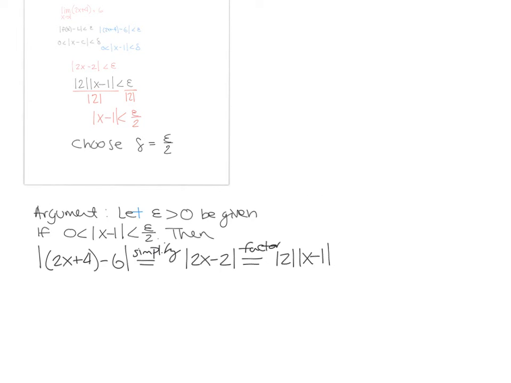Okay, and this is less than, and our argument was the absolute value of x minus 1 is less than epsilon over 2 for our delta argument. And I'm going to show that epsilon over 2, if I were to multiply that by 2, is equivalent to epsilon. So now I know that the limit exists based on this argument.